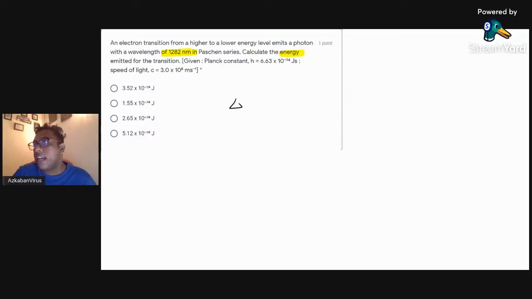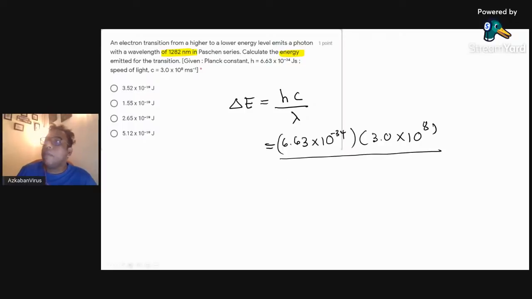We know that delta E is equal to hc over lambda, where h is 6.63 times 10 to the power of negative 34, c is 3.0 times 10 to the power of 8, divided by lambda, which is 1282 times 10 to the power of negative 9 meter.